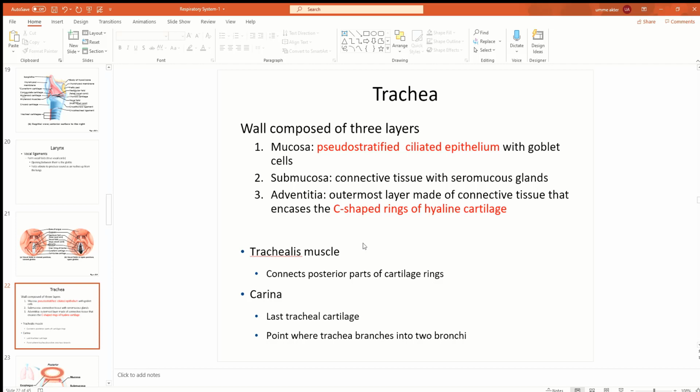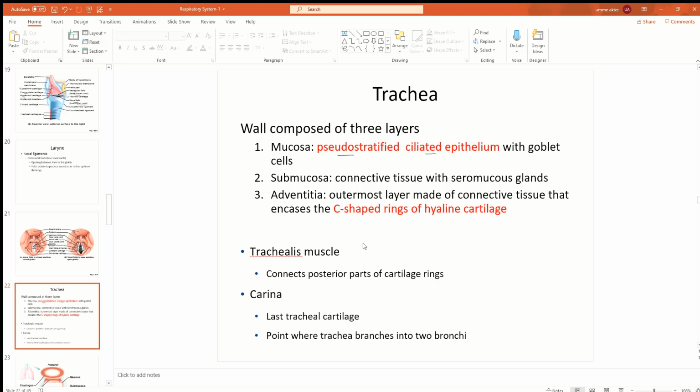And if inflammation occurs in the larynx, that will cause inflammation of the vocal cords, and that will change the voice or sound. Laryngitis, we talked about that. Trachea. Trachea is also pseudostratified ciliated columnar because the mucus is secreted inside the trachea too, and that should be pushed down.